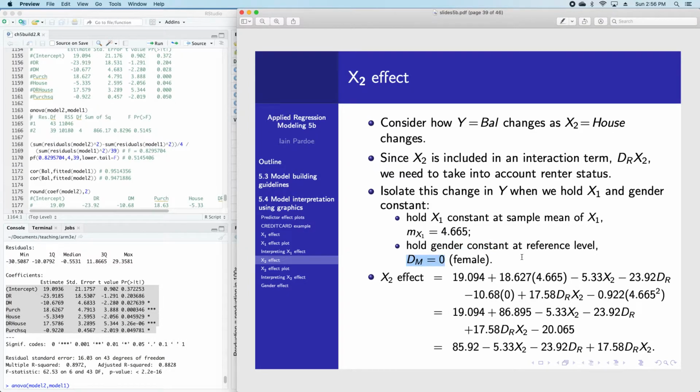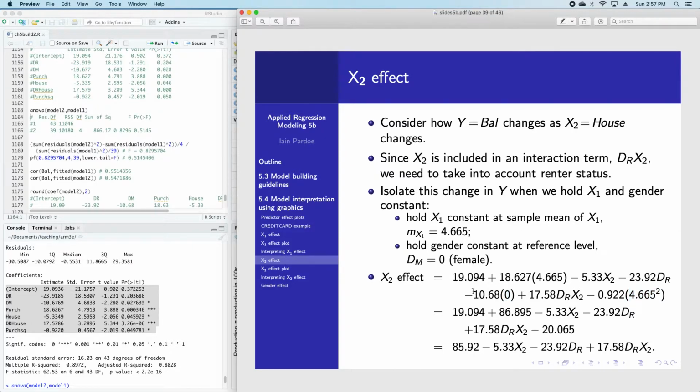So we're talking about females initially, and then we've got our regression equation, and we're just going to plug in 4.665 wherever we see x1, and we'll plug in 0 wherever we see dm. Okay, so we've got the 4.665 here, and then we've got the dm equals 0 here.